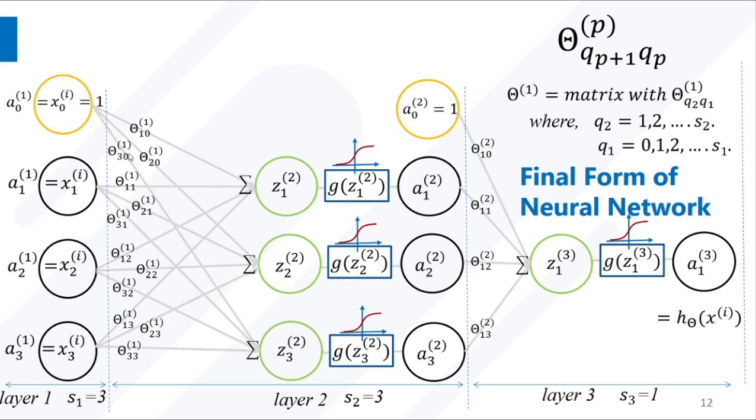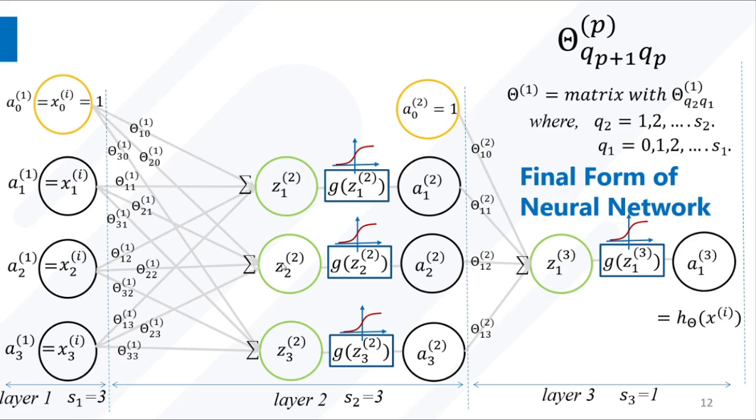There are 3 elements in each row, and the number of rows is 4. So the matrix is theta Q2, Q1. Q2 is the second layer, and Q1 is the first layer. And Q2 starts from 1, 2, 3, 4, etc. up to S2. And Q1 starts from 0.